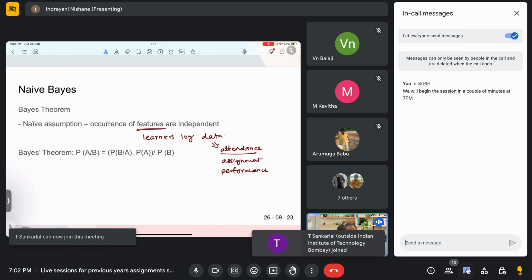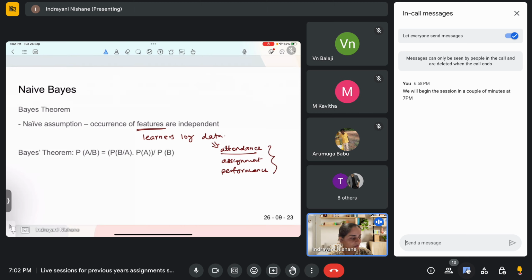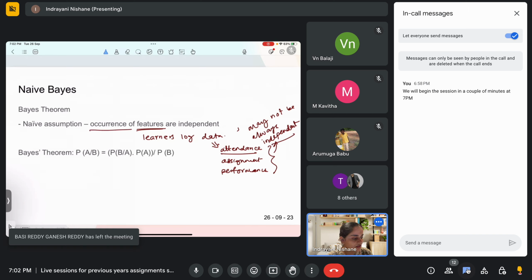All these features might not always be independent, but we are going to assume that these are independent. That's why the name of this classifier is naive Bayes classifier.